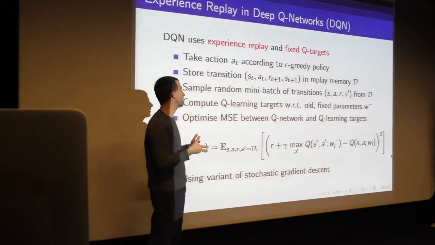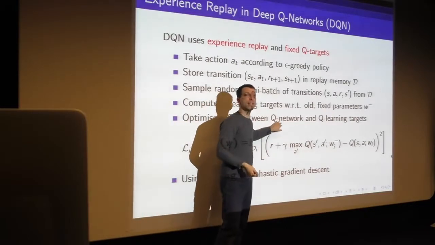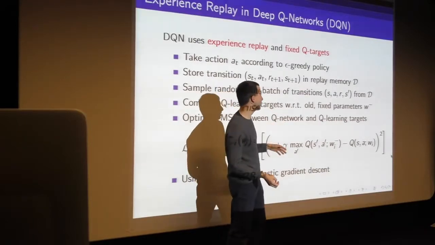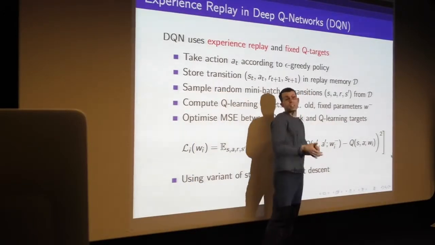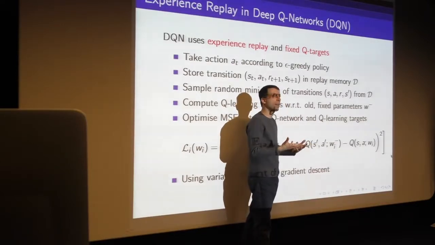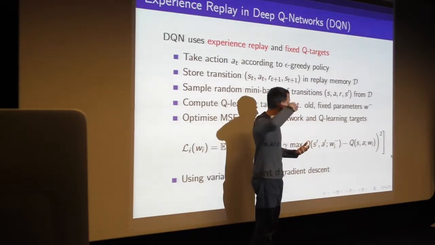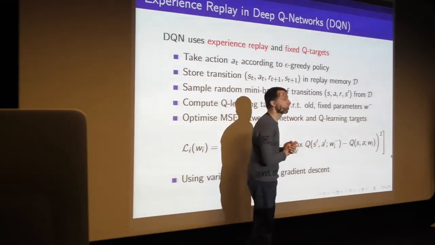We optimize the mean squared error between what our Q network is predicting, our action value function, and our targets. The targets are what we plug in instead of the oracle, and it's a Q-learning target, just like the SARSA targets but with a max there.